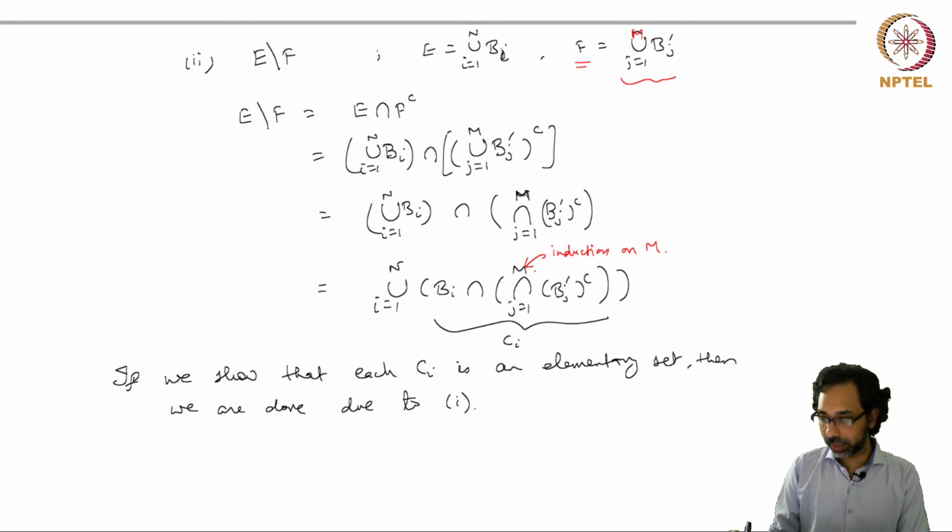So if we can do an induction on m and show that for each m this is an elementary set, then we are done, because then we will have a finite union of elementary sets which is elementary.